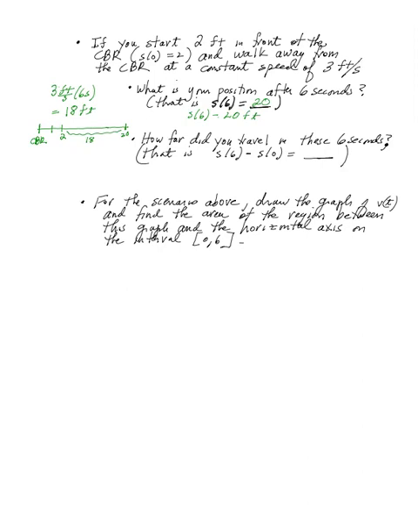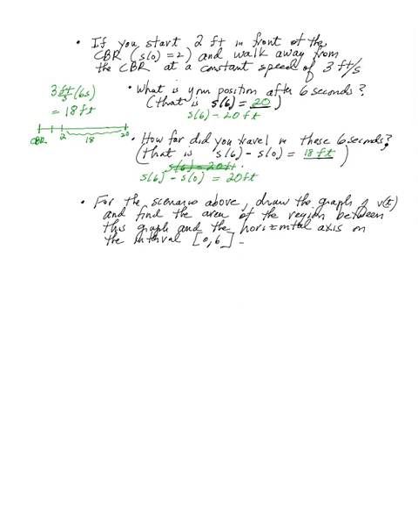Okay, how far did you travel in these 6 seconds? Well, that's the 18 feet. In other words, S of 6, my position at time 6 seconds is 20 feet. S of 6 minus S of 0 is 20 feet.